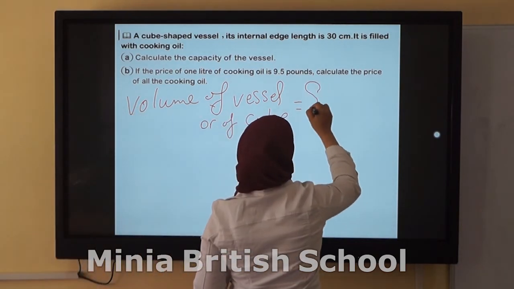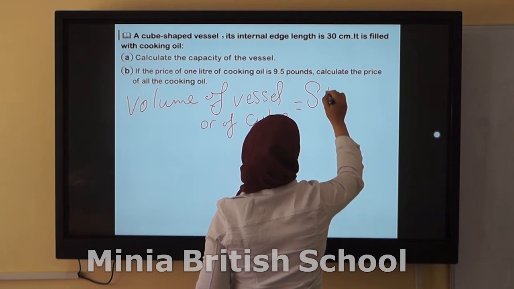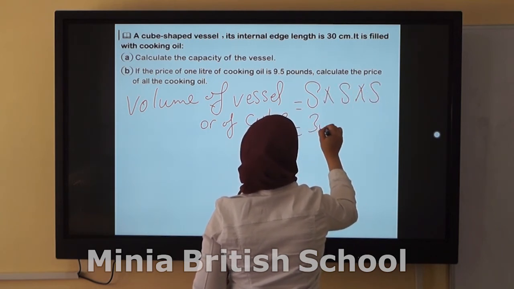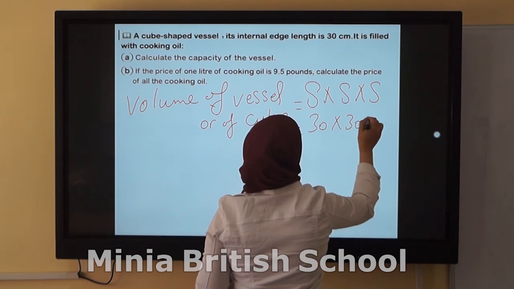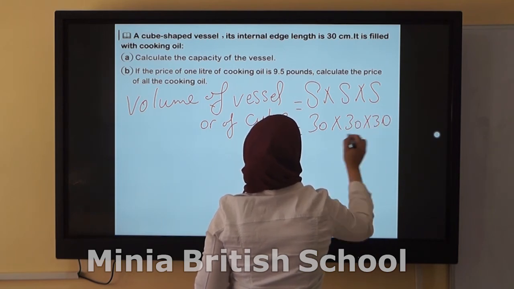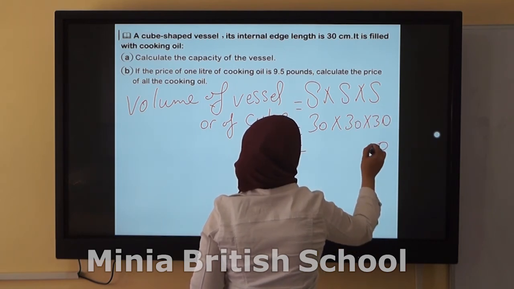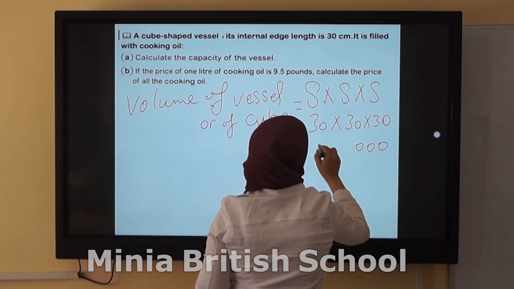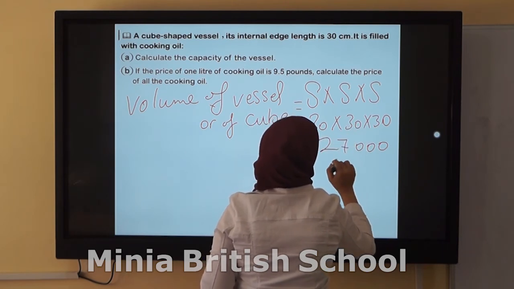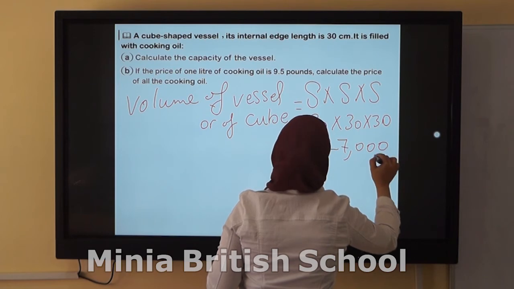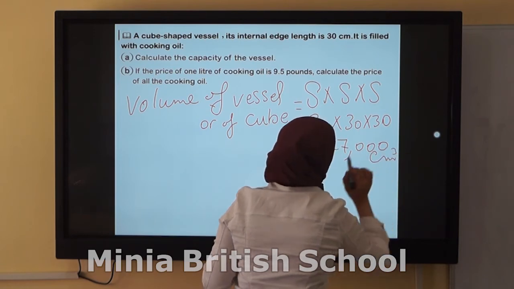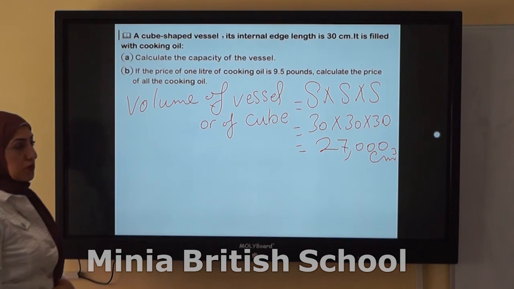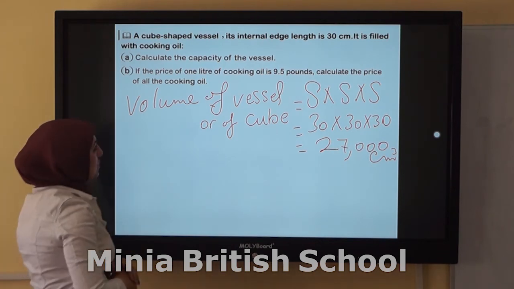I write the rule first: side times side times side equals 30 times 30 times 30 equals 27,000 cubic centimeter. Okay, this is the capacity of the cube, or the cube-shaped vessel.